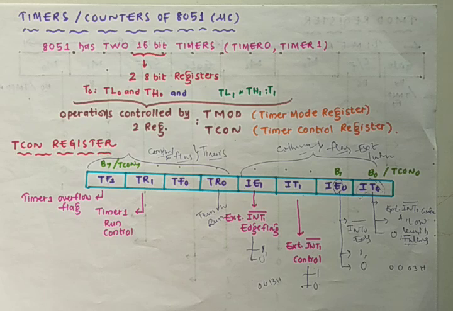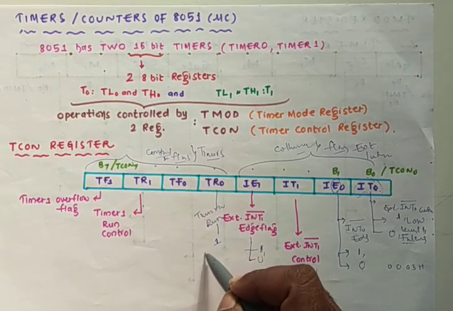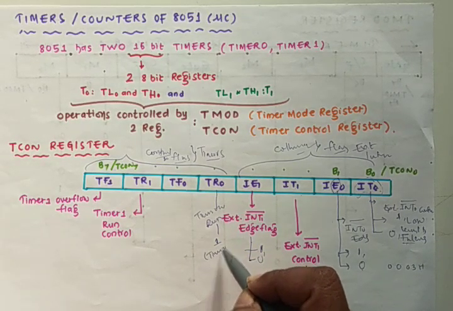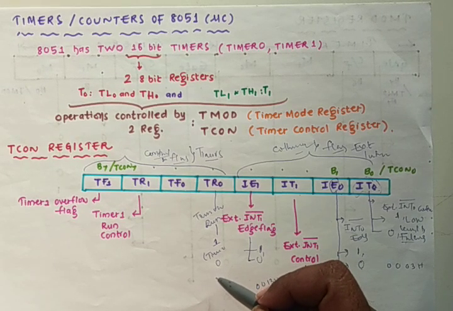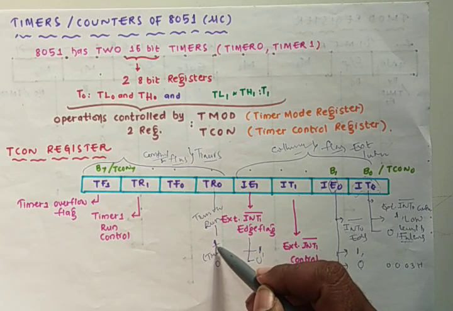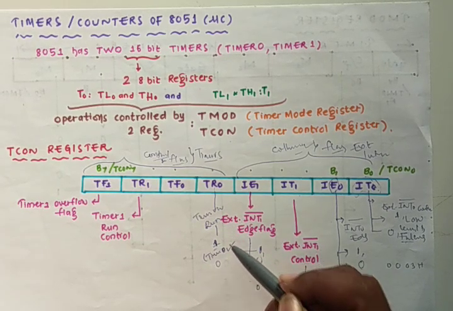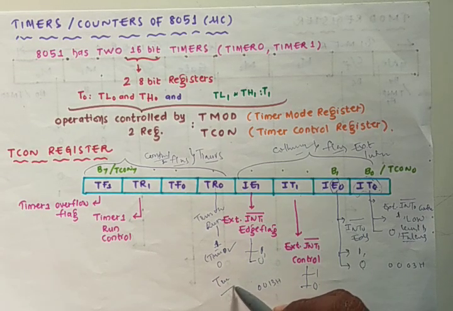This enables timer 0, and whenever it is 1, timer 0 will be enabled. Whenever it is 0, timer 0 will be disabled. Simple. Whenever it is programmed to 1, timer 0 is enabled, and whenever it is programmed to 0, timer 0 is disabled.